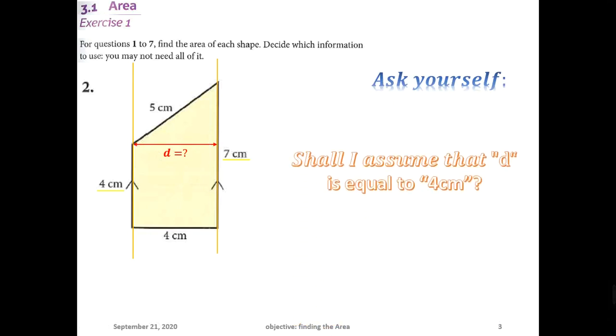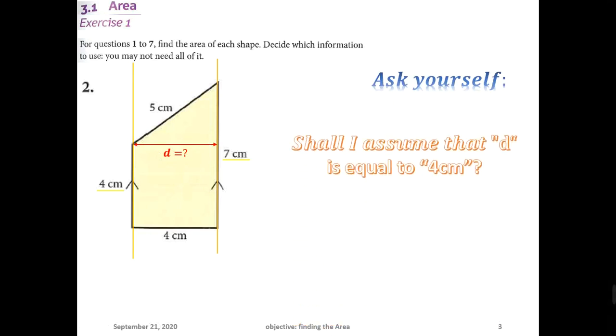So why is D unknown? Shall I assume that D is equal to 4? No assumption in maths unless there is information given in the question to tell you that this 4 centimeter side is actually perpendicular to the 7 centimeter side as well as the 4 centimeter side, then we cannot assume that it is.